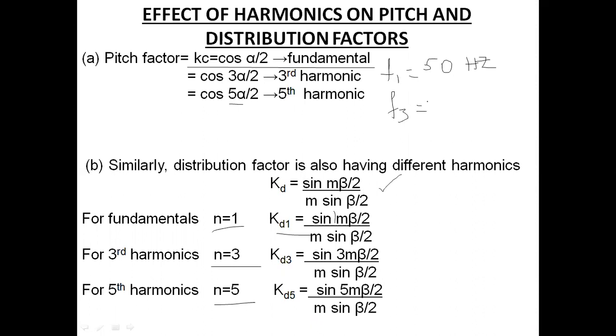For F3, the third harmonic, you have to multiply 50 into 3, that is 150 Hz. For fifth harmonic, you have to multiply 5 into 50, that is 250 Hz.